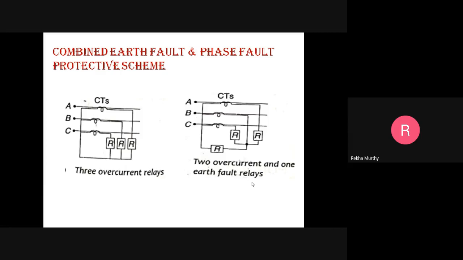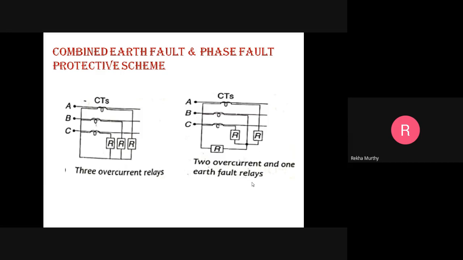Whenever an earth fault occurs, the burden on this CT is more than that of an overcurrent relay, and the earth fault relay will be in series. So the CT burden becomes very high and it may cause some saturation. This is what happens whenever you combine both of the protective schemes.